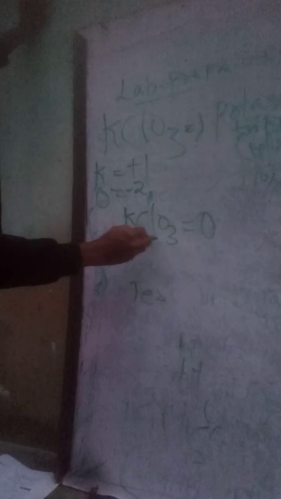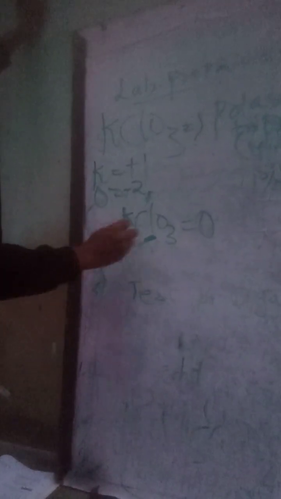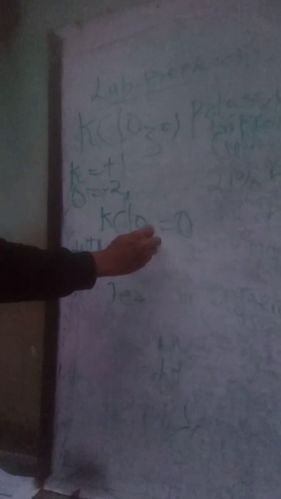The total, or the addition of the oxidation numbers here, equals 0. That's one of the rules. So we have potassium, chlorine and oxygen. We have potassium to be +1, plus chlorine, plus oxygen, which is -2 times 3, all equals 0.